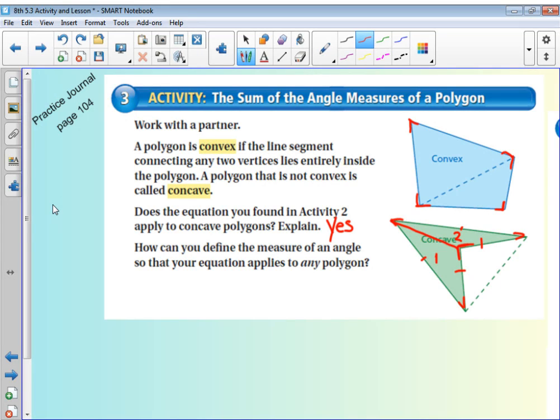It says, how can you define the measure of an angle so that your equation applies to any polygon? Well, I think what they mean from this is for you to understand that if I were to actually try to find the measure of this angle right here, that angle actually is greater than 180 degrees, if I were to measure it from the outer part of that.